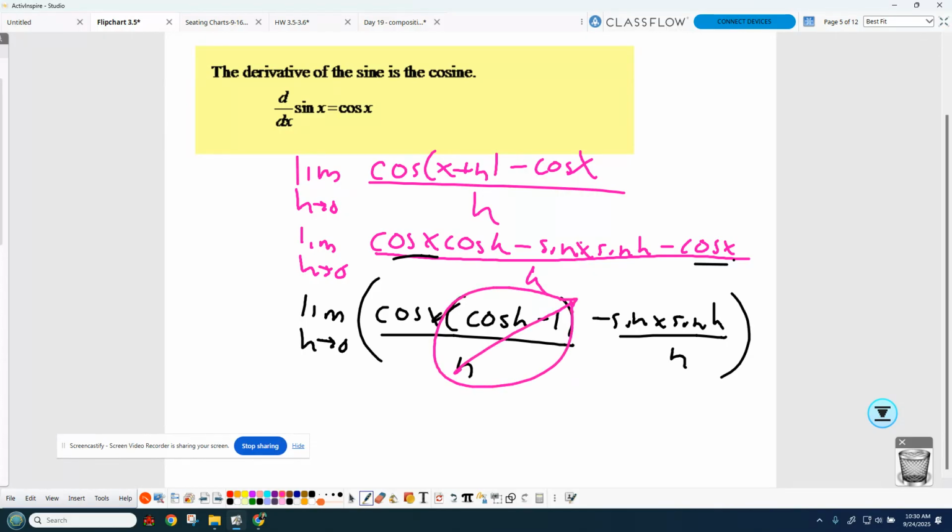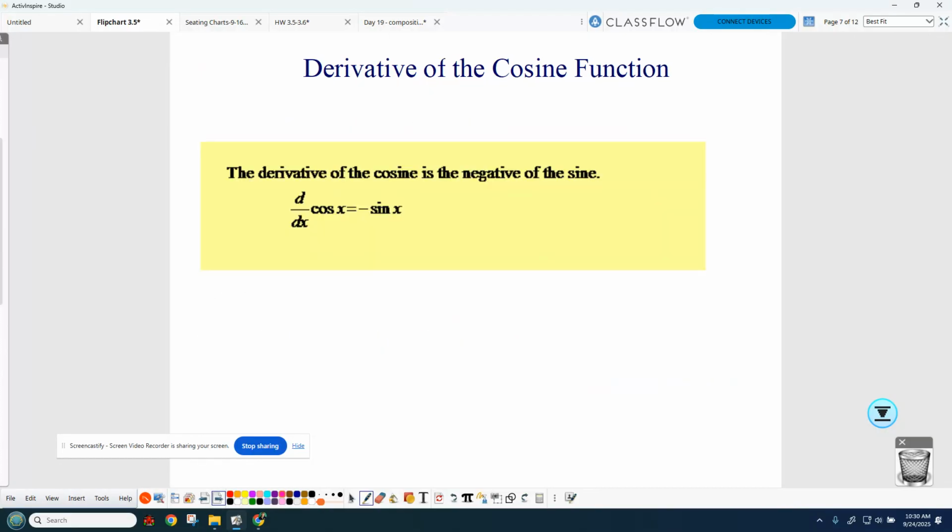That goes to 0. This goes to 1. So what's the derivative of cosine look like? Negative sine. Negative sine. Okay.